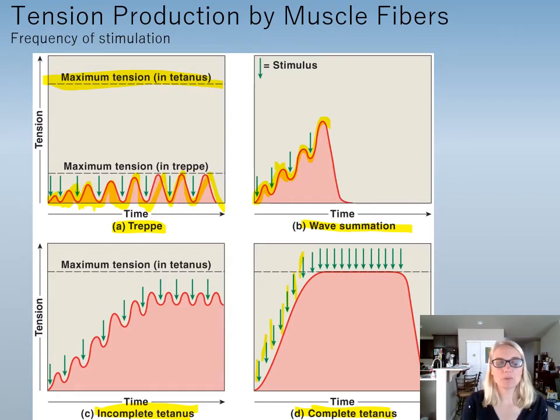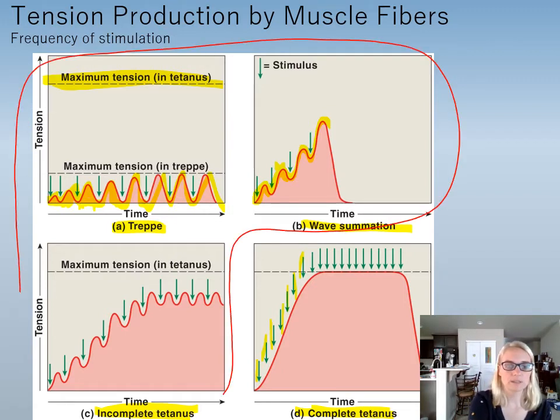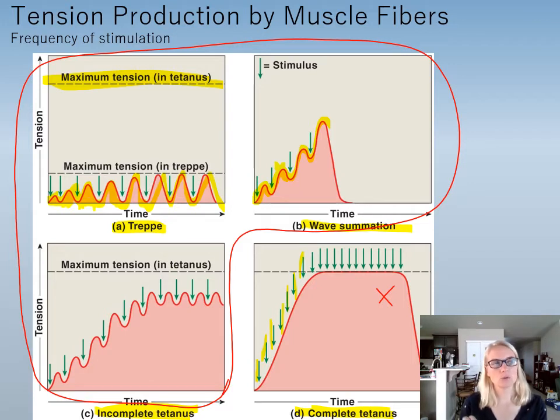All right. In reality, we are more likely to be a combination of these frequencies. We don't really see this too often in day-to-day activity. So depending on what your body needs, it is going to determine your frequency of muscle contraction.